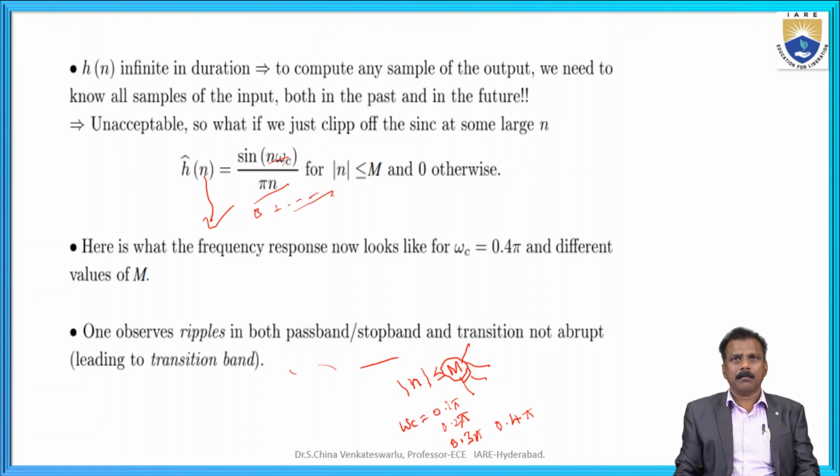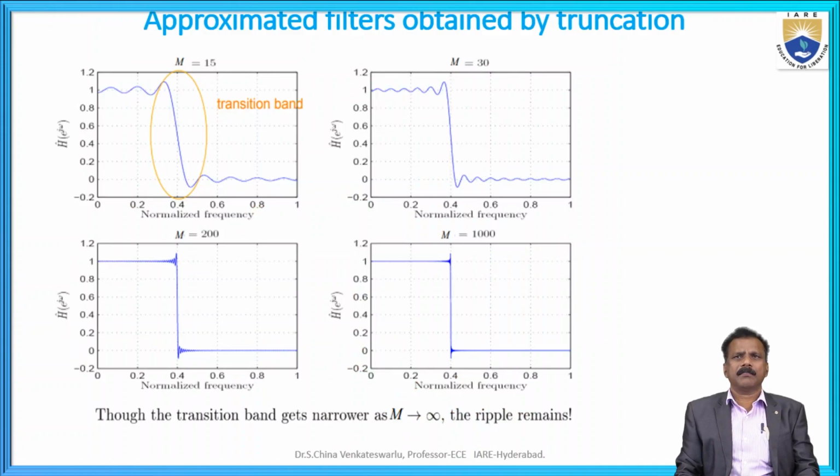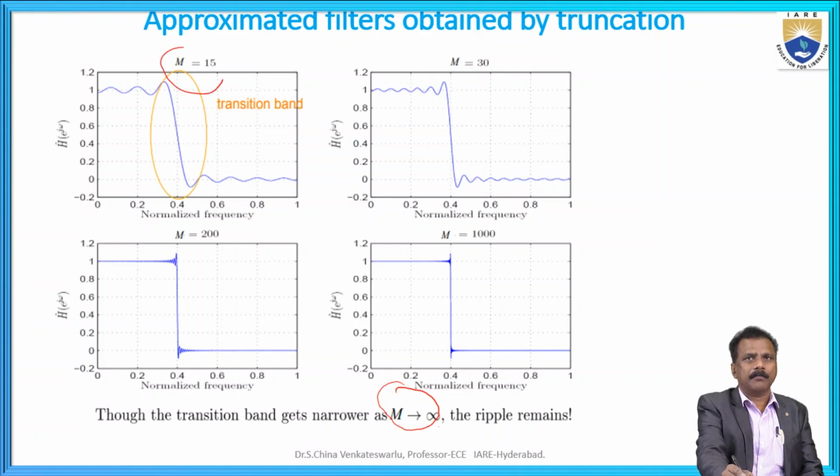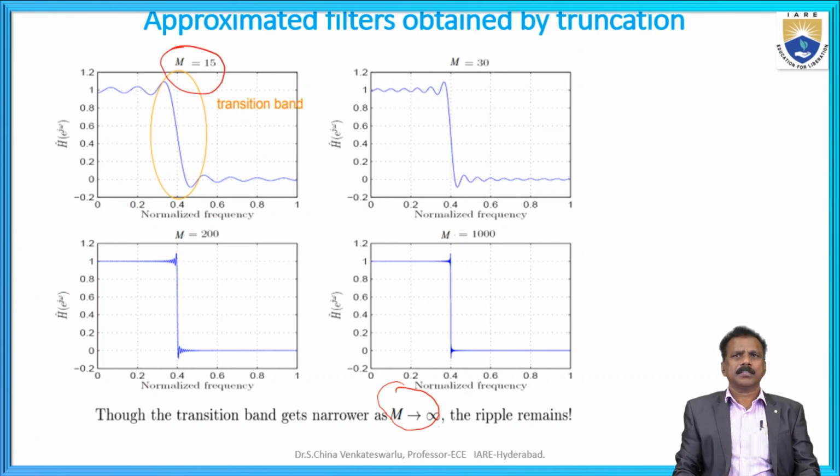Next, the approximated filters are obtained by truncation. Here the transition band gets narrower as M tends to infinity, but the ripple remains. Initially, where M is equal to 15, the transition band is easy to observe in H of e to the j omega versus normalized frequency.